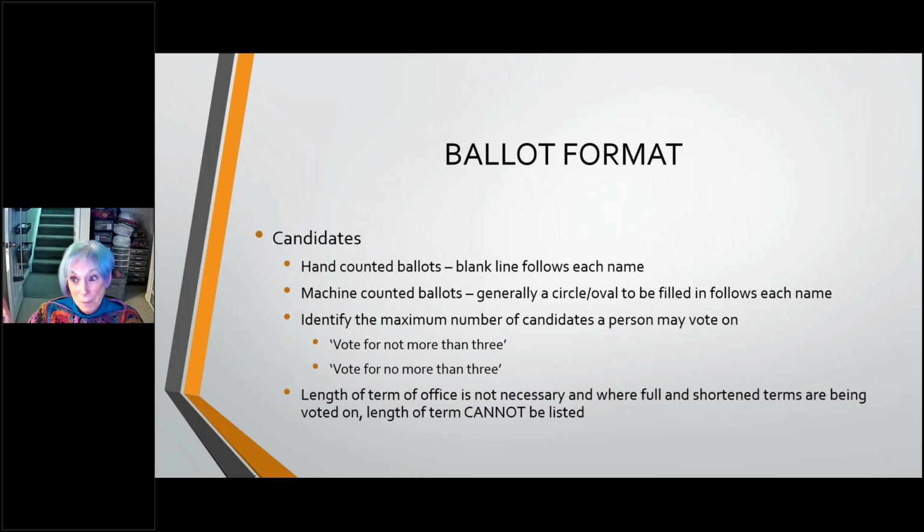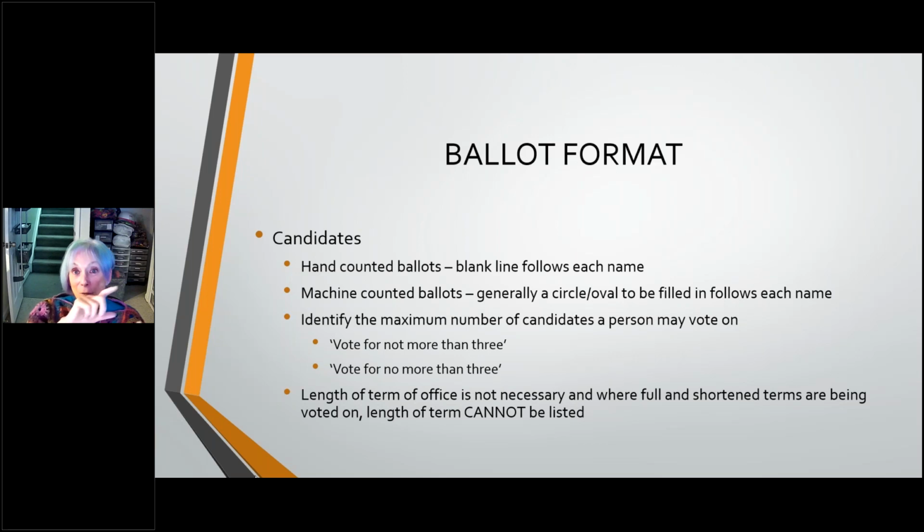In addition to that, on a mail ballot election, and again, I'm going to give you the citation, 31-10-910, subparagraphs 2 and 3, there is a requirement that in a mail ballot election, a warning appears on the ballot.